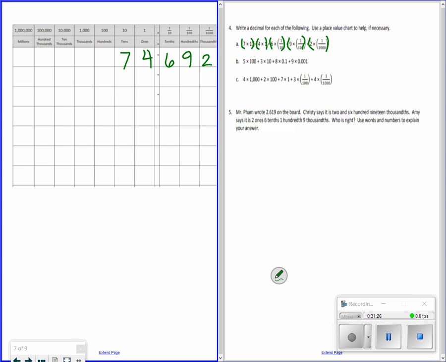And there, it just gave you your number. What is it supposed to look like? 74 and 692 thousandths. So then you just write the decimal.